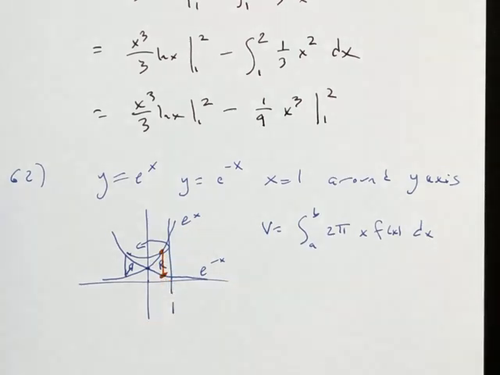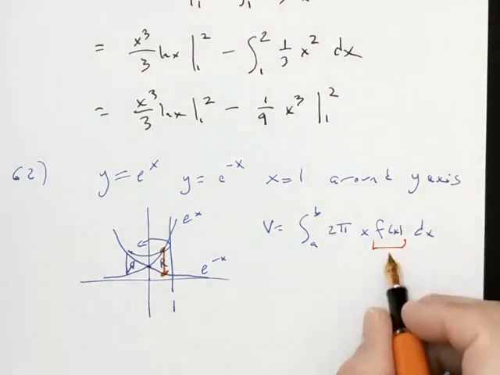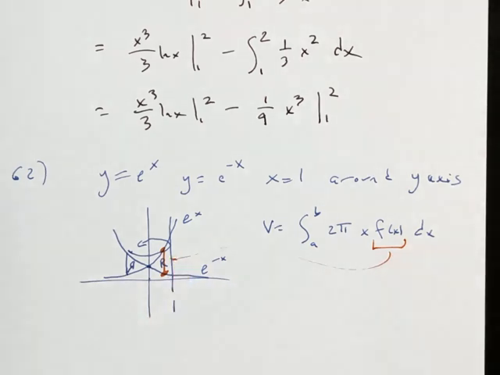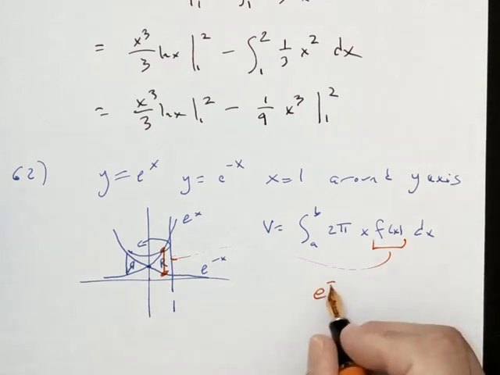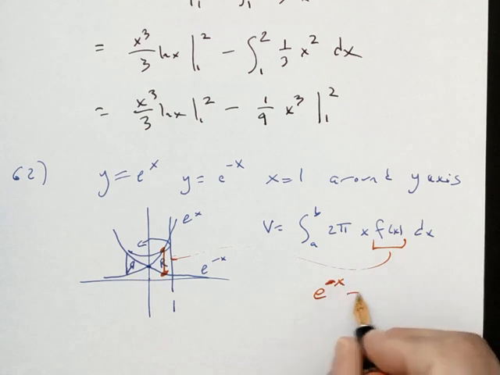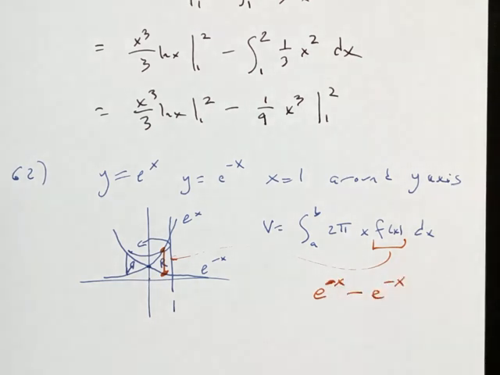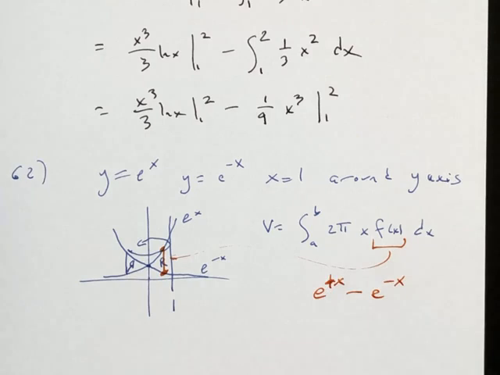It's not one function because e to the x would go all the way to the x-axis, wouldn't it? I want to go from the top one to the bottom one. So what this f of x is, it's that height. What's the expression to give me that height? That should be a plus x, not minus x. Screwed up. Yes. So that's my height.